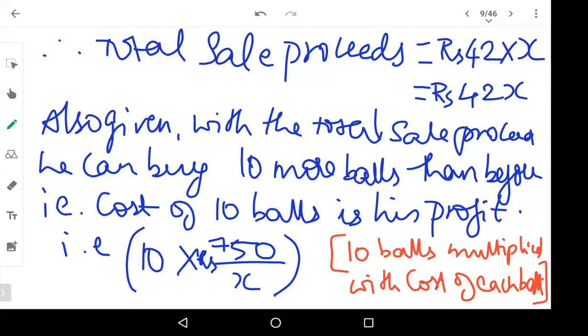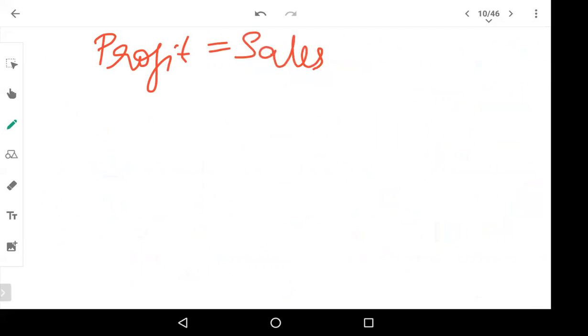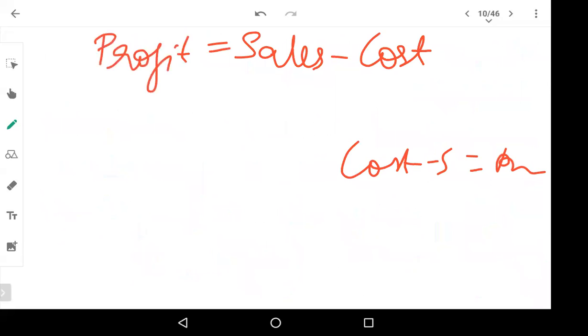Now we will be using this formula, that is profit is equal to sales minus cost. You know this, right? Cost minus sales is equal to profit. What is the cost price minus what is the selling price? You will get the profit. That formula only I am using here, just with a little different placements.